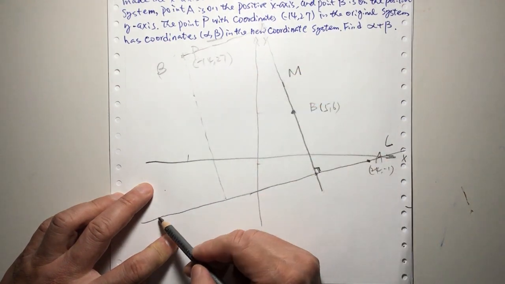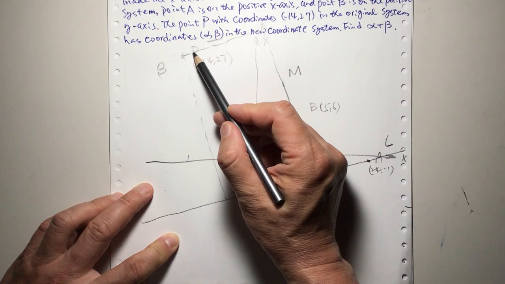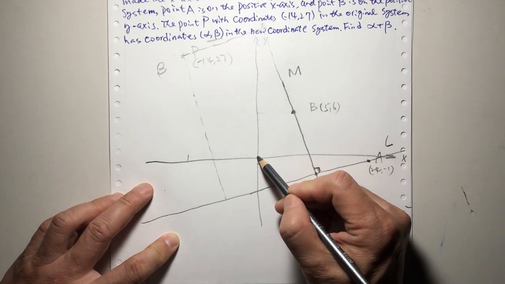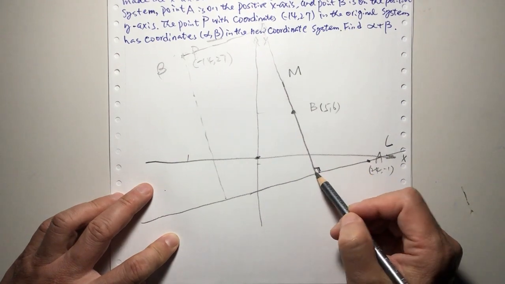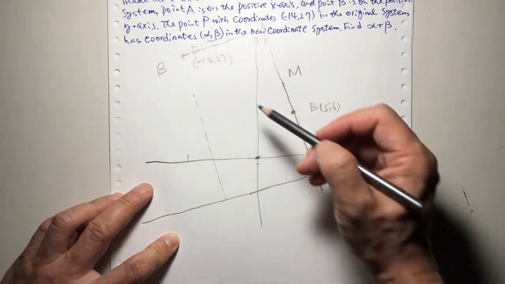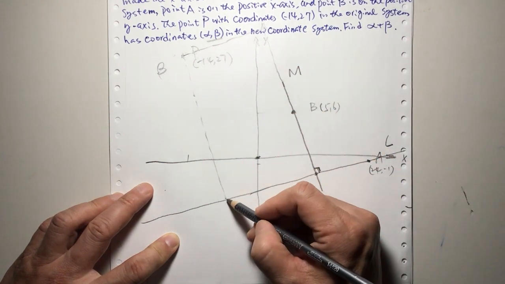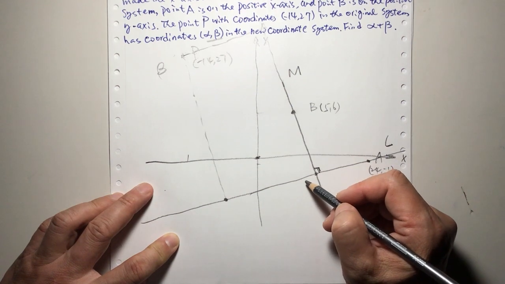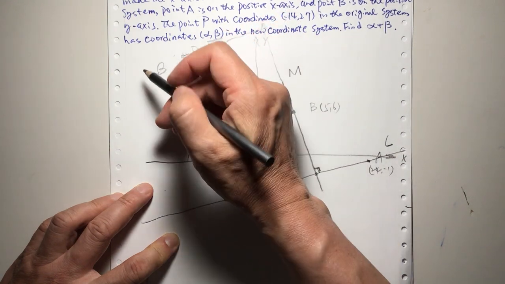It's easy to see that the x is negative and the y coordinate is positive, because the new origin is here and point P in the new coordinate system has a negative x coordinate. So it will be the distance times -1.